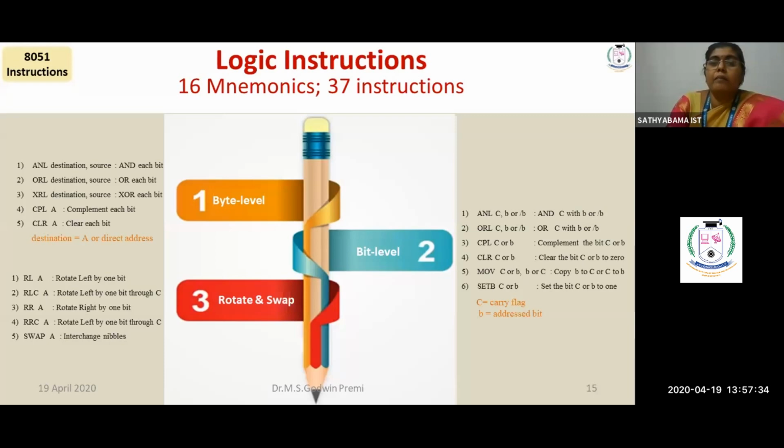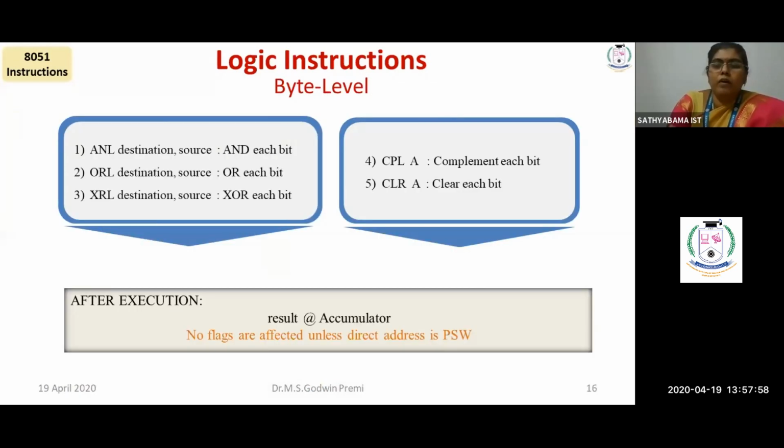The byte level instructions operate on all the 8 bits together; all the 8 bits we are going to perform the logical operations. Bit level, here the logical operation is performed for only 1 bit. Then rotate and swap, as the name indicates, the bits are rotated. Coming to the first one, byte level.